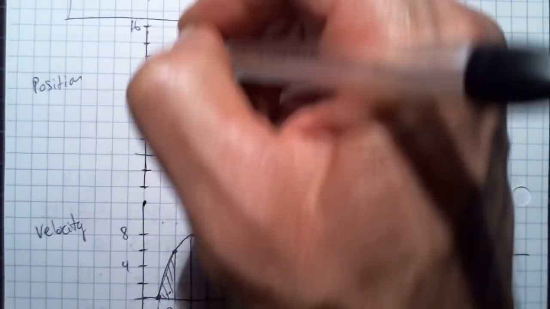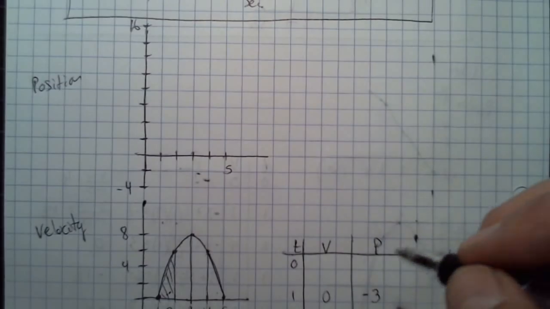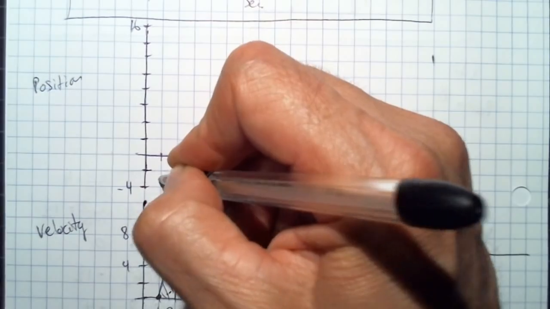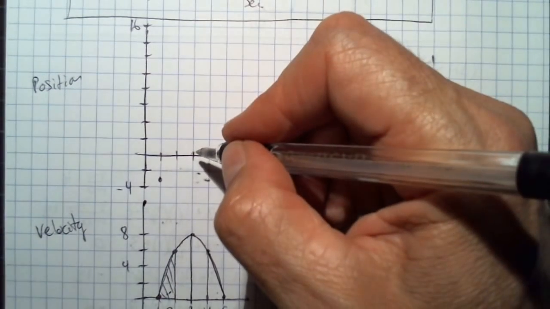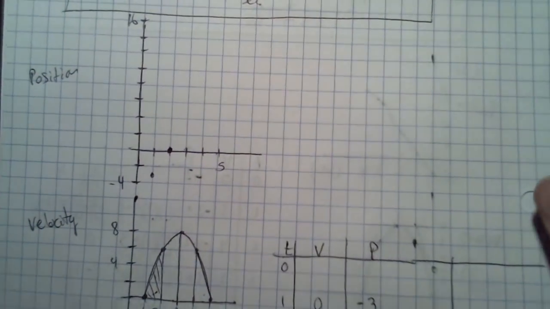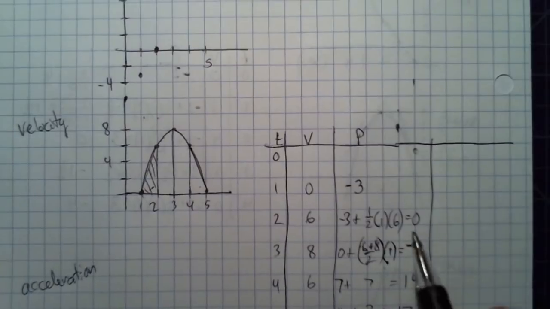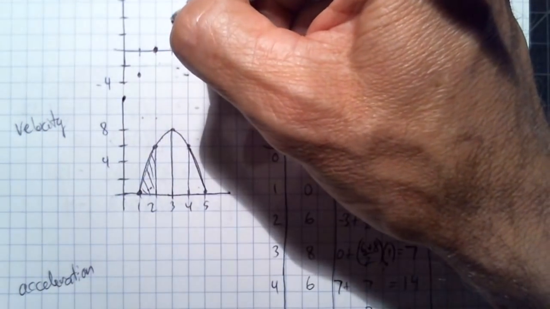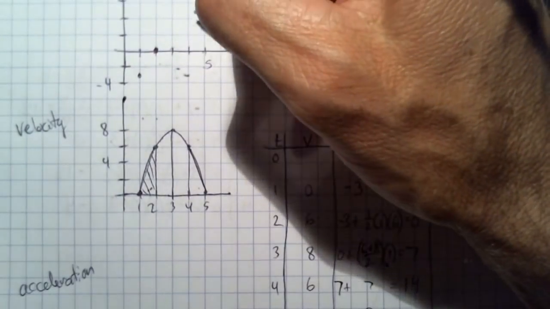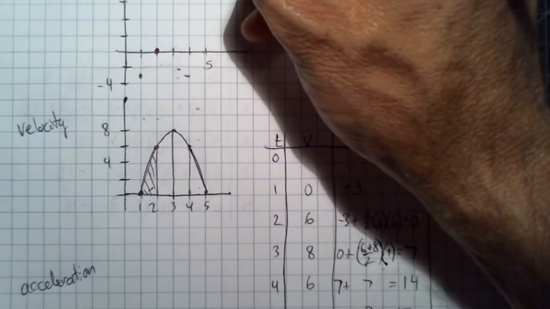So this will be 16, -4. At 1, we'll be at -3. At 2, we go to 0. At 3, we go to 7. At 4, we go to 14. And at 5, it's 17.